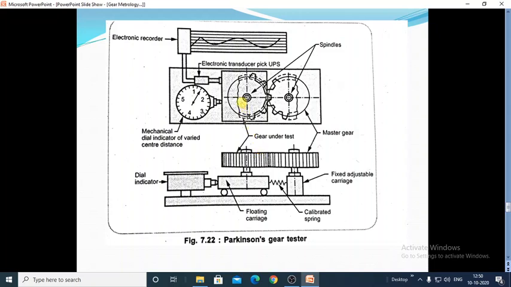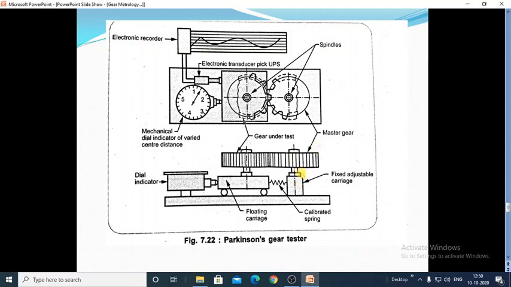Further, the electric transducer is connected over here, and it is connected to the electronic recorder. Such an arrangement is there in the Parkinson gear test. Let us see the detail. First of all, in this method a standard gear or master gear is mounted on a fixed vertical spindle.